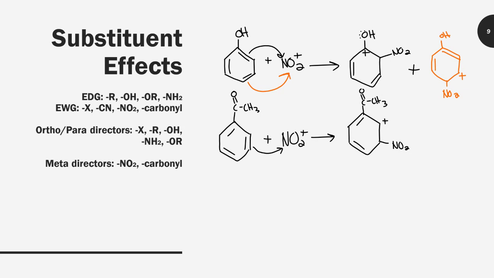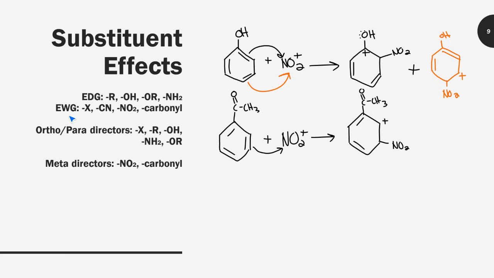So EDGs make the reaction faster than it would be with just normal benzene. Just the opposite with EWGs. The atom directly connected to the ring will be partially positively charged, or just have something electronegative connected to it. So that will pull electron density from the ring, which will slow down the reaction.